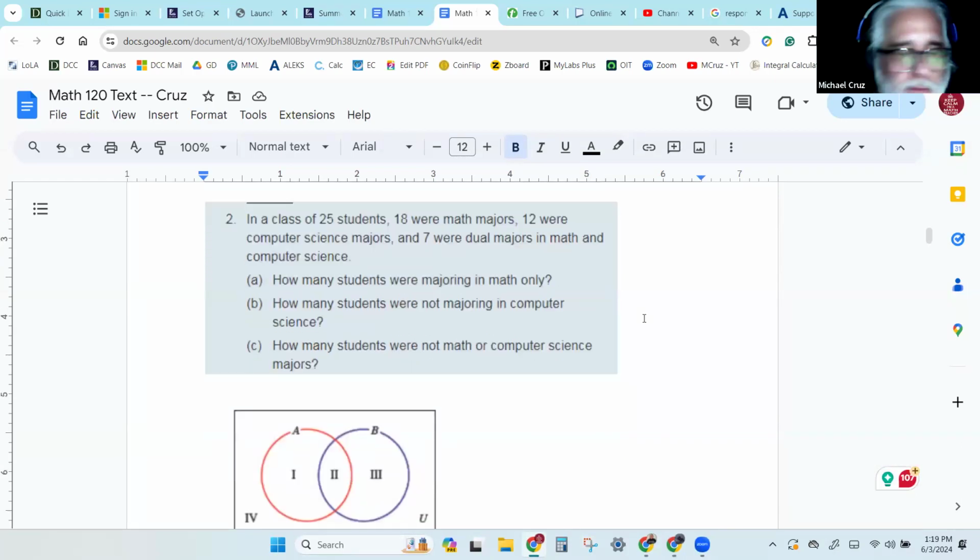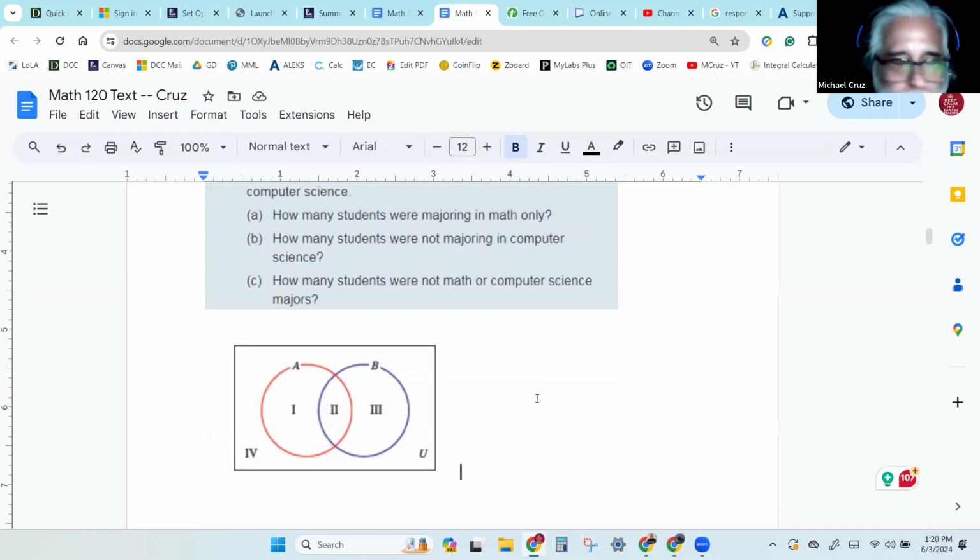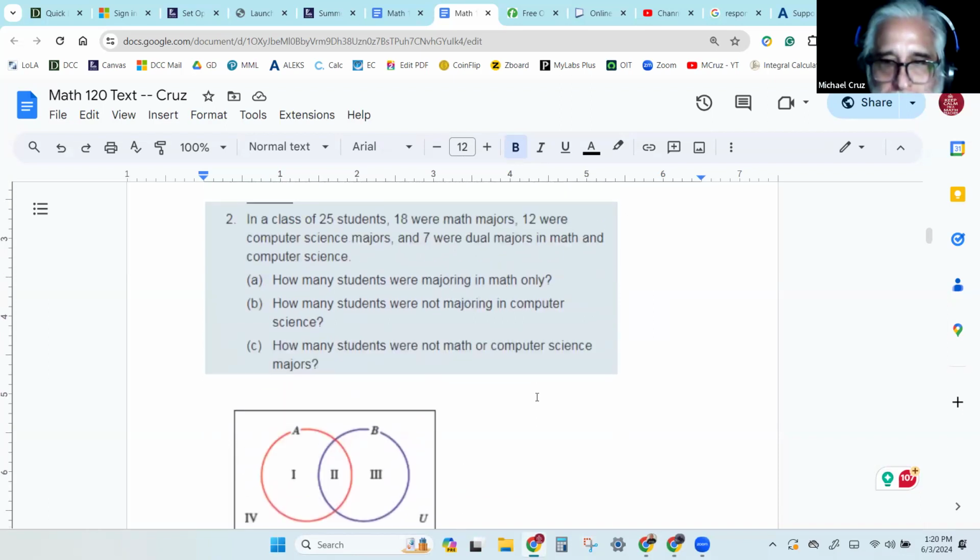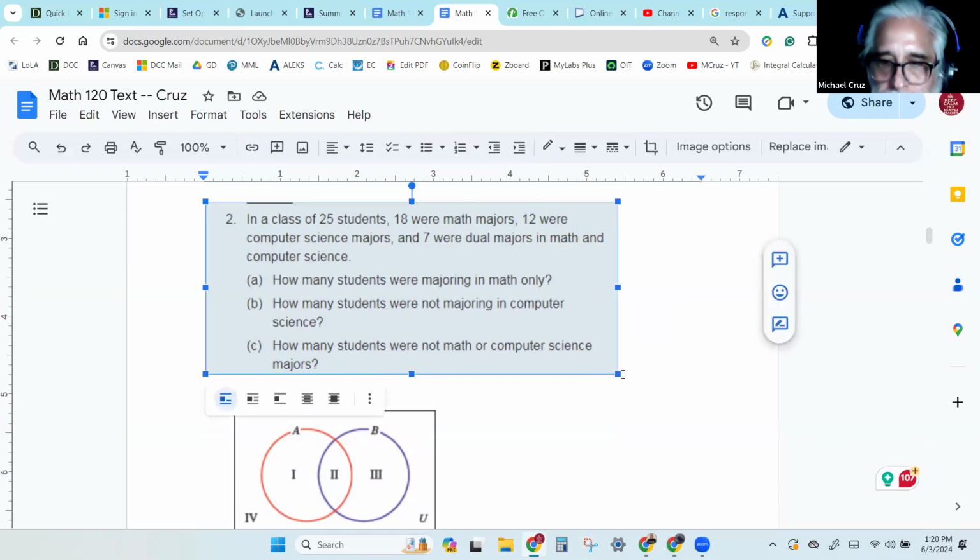All right. In a class of 25 students, 18 were math majors, 12 were computer science majors, and seven were dual majors in math and computer science. All right. So first order of business is fill this thing out. Then once we do that, we'll be able to answer the questions.